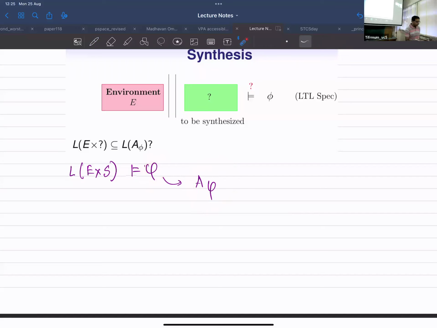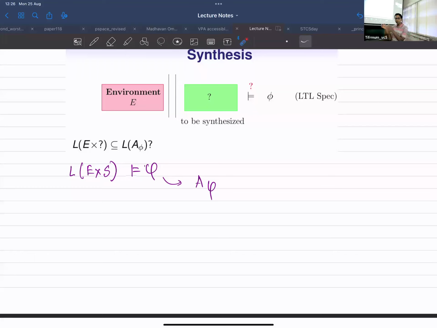So that's why I say that the language which is produced because of the interaction of the environment and the system, whether this is included in the language of the corresponding automaton. If this is the case, then it means that you are not violating the specification. Okay. So is it clear?